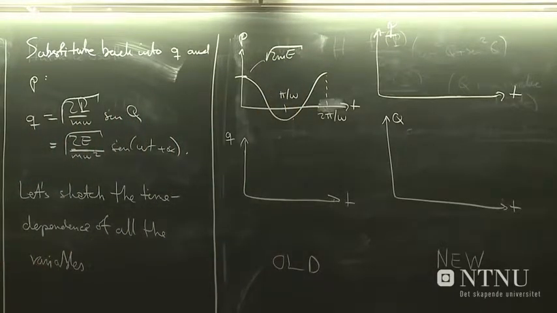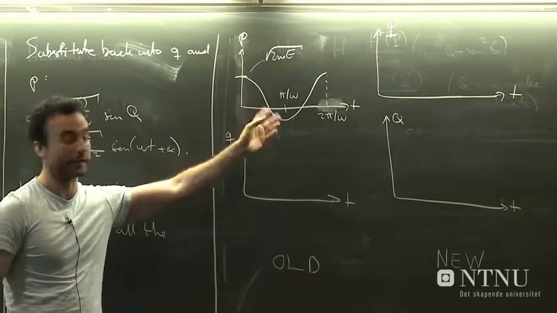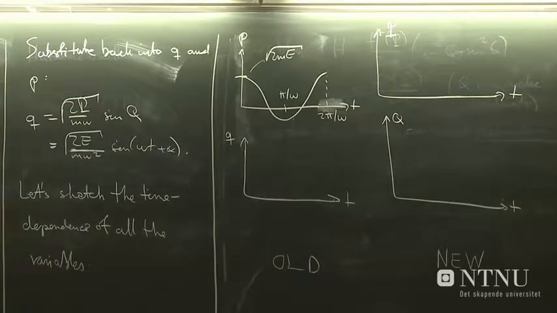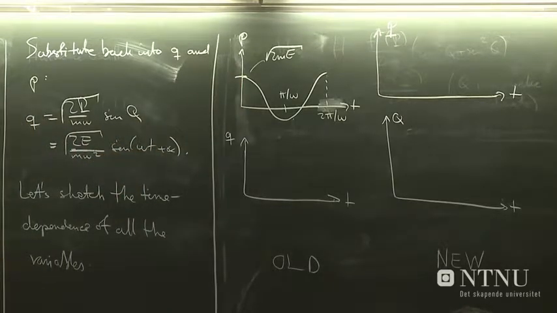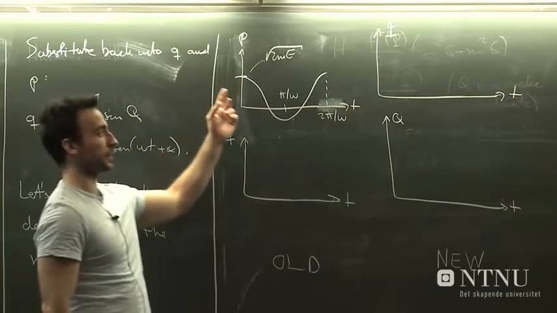What you'd find if you insert the new set of coordinates back into the small p, which describes the momentum in the original coordinates for the harmonic oscillator, is a maximum amplitude of square root of 2mE, and then oscillating in the following way.